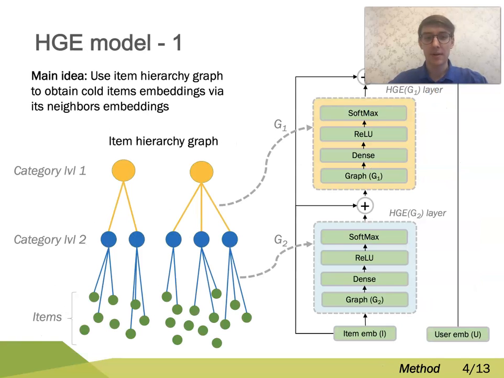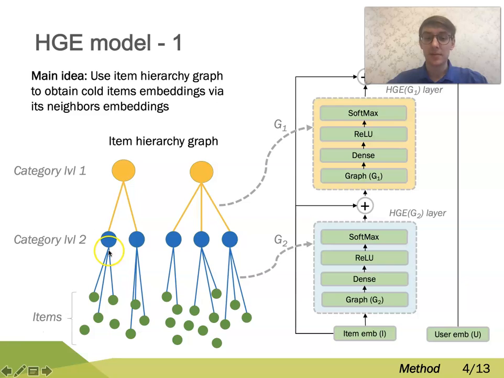So what is the hierarchical graph embedding model? Well, the main idea is to use an item hierarchy graph. Generally, we have items. Suppose we have some particular yogurt brand. Of course, it has some high-level category, yogurts.